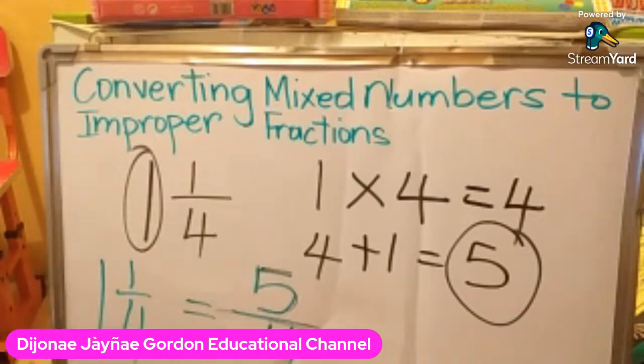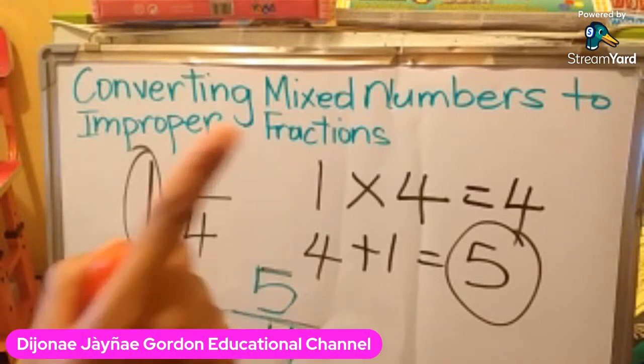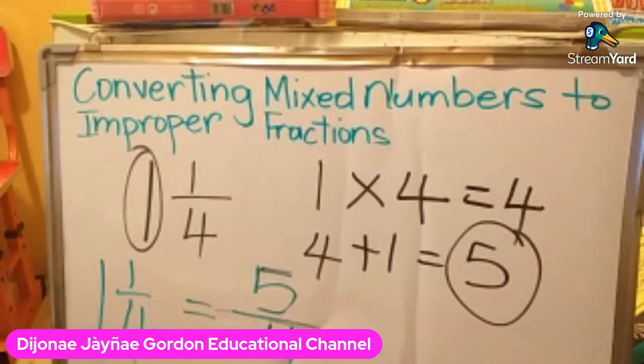So let me repeat. We are converting from a mixed number to an improper fraction. An improper fraction has the numerator bigger than the denominator. The denominator is at the bottom and the numerator is at the top. What is a mixed fraction?